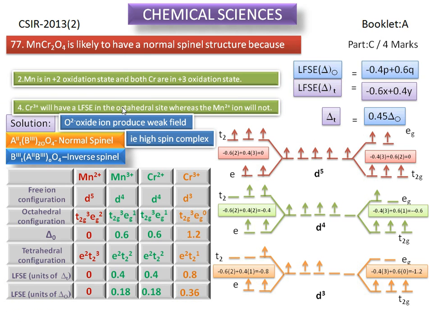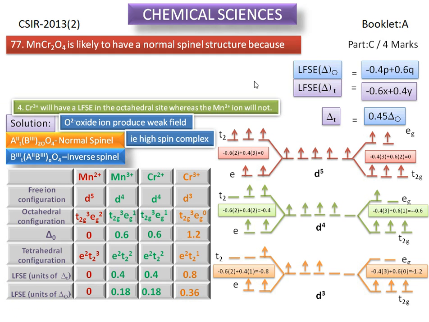In the second and fourth options, manganese is in the plus 2 oxidation state, and chromium is in the plus 3 oxidation state. In the second option, there is no mention of any LFSE value, so we neglect this option. In the fourth option, chromium will have LFSE.